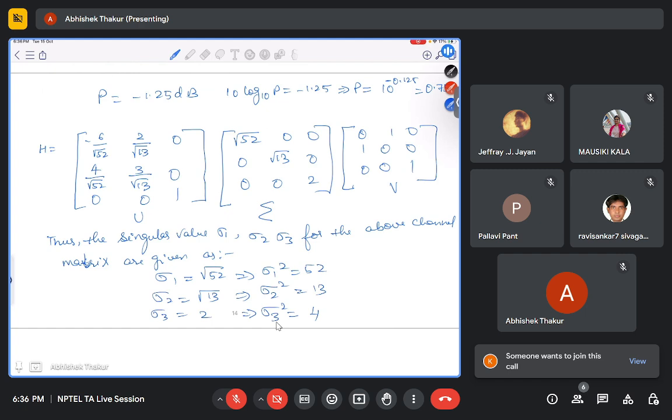So it can be seen that channel matrix H has 3 non-zero singular values.